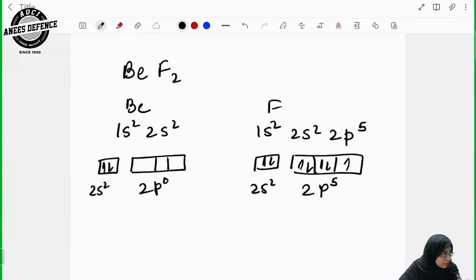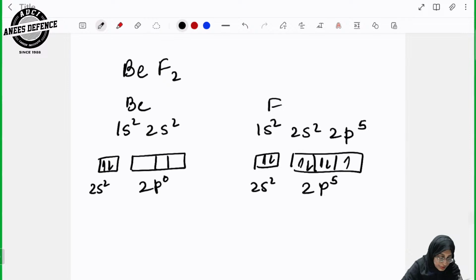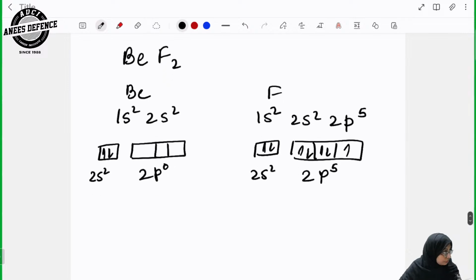For that, a new concept, a new term is introduced: hybridization. To explain this type of overlapping, there is hybridization. What is hybridization? It is the mixing of the valence orbitals of the same atom and recasting them into an equal number of new equivalent hybrid orbitals.